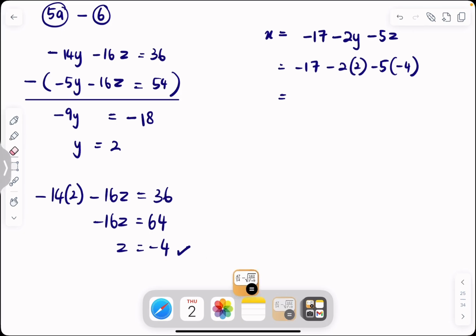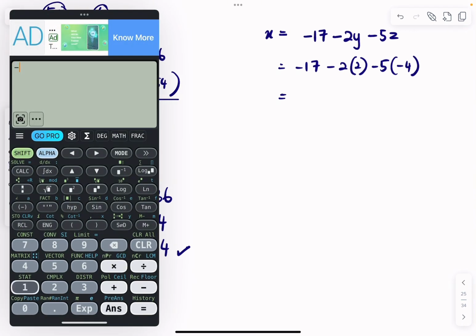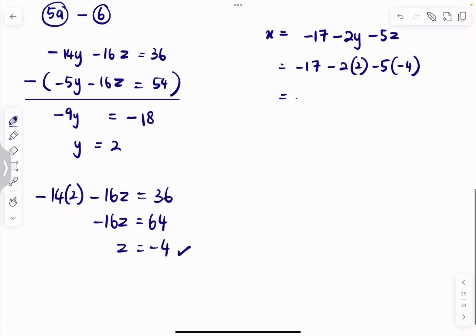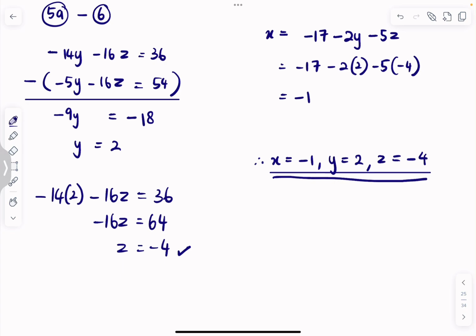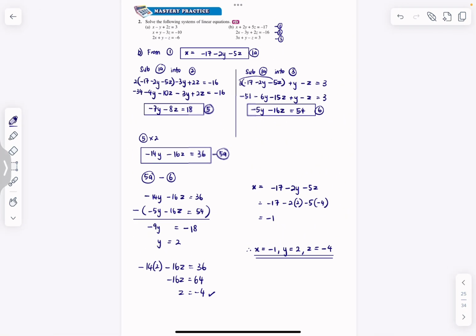Just put this in our calculator. So negative 17 minus 2 times 2 minus 5 times negative 4. We get negative 1. So you can say x is negative 1. So finally we can conclude x is negative 1, y is 2, and z is negative 4. Done. This will be our final answer. That's it.